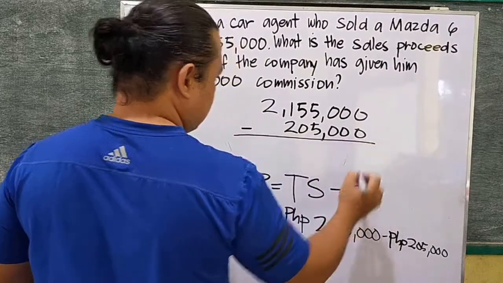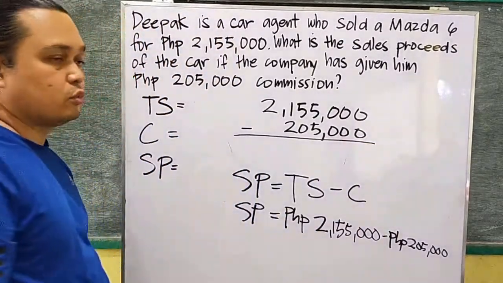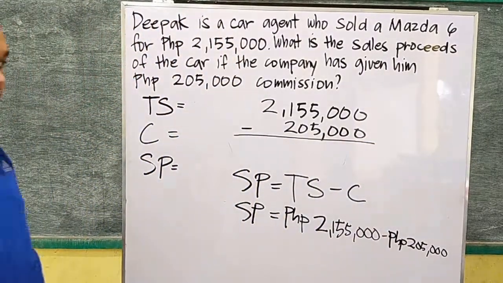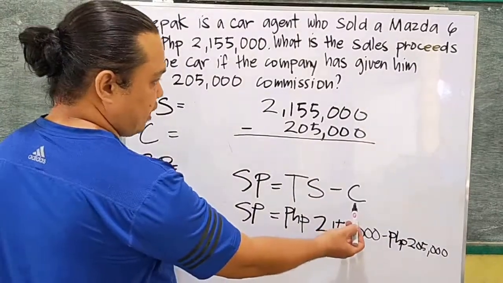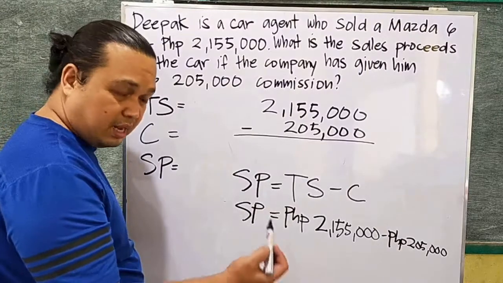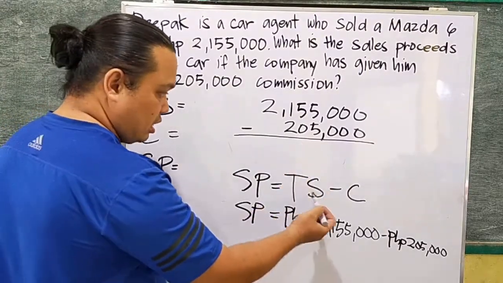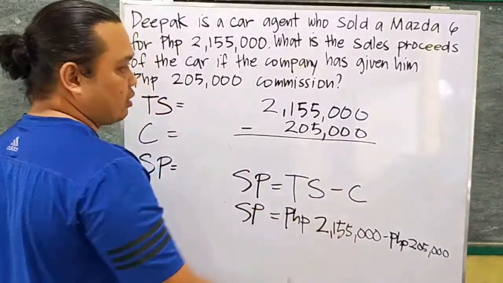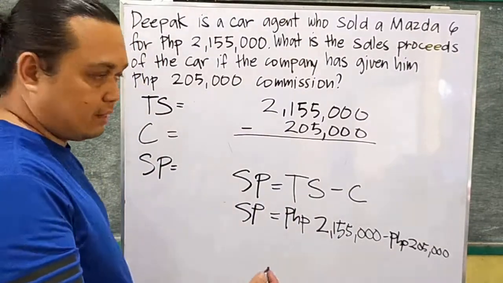That will be our solution. Just subtract the commission from the total sales, or total sales subtracted by the commission. So let's do that.